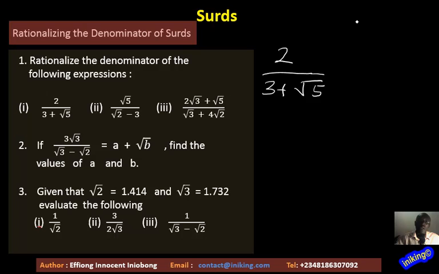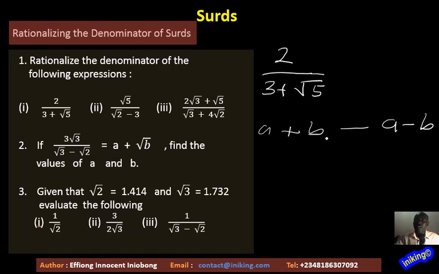Where we have the denominator as a composite expression, say 2 parts, A and B, where one part, either A or B, or even both parts, are irrational, what do we do? We make use of the conjugate of that denominator.